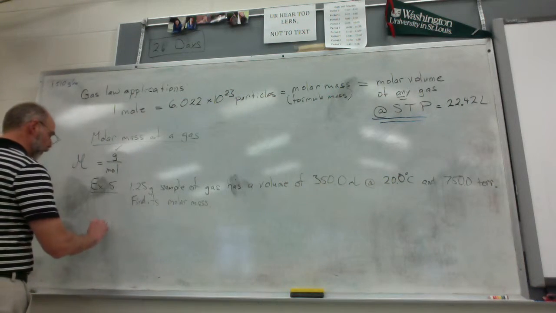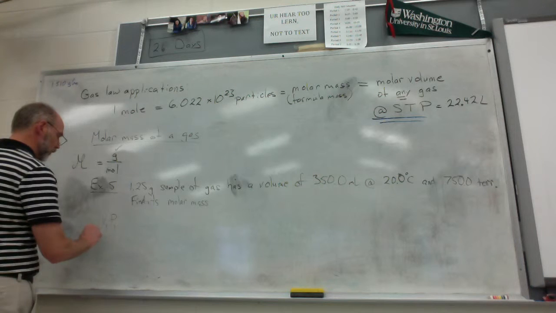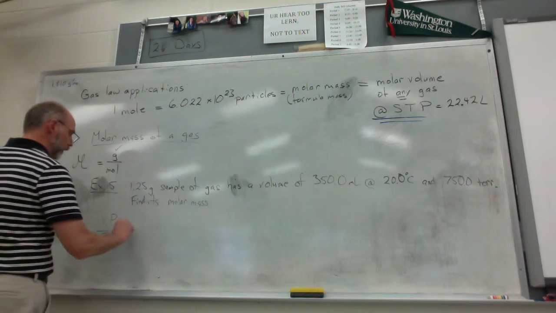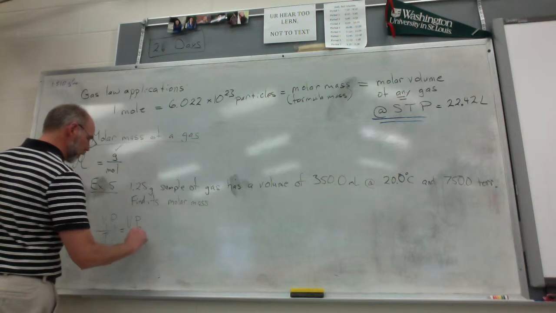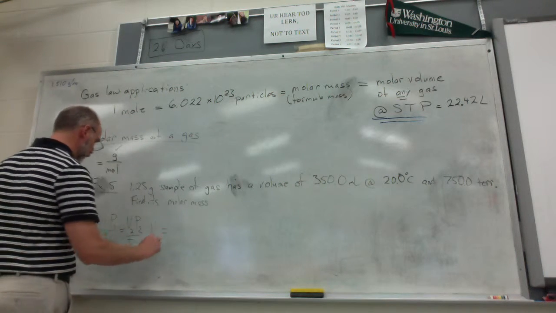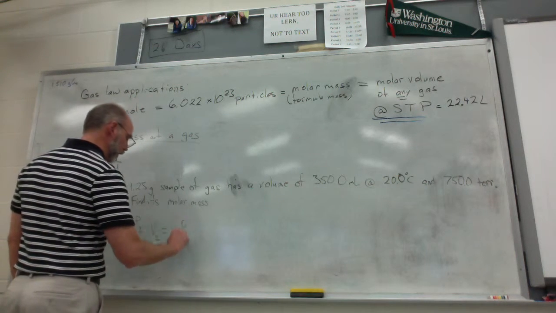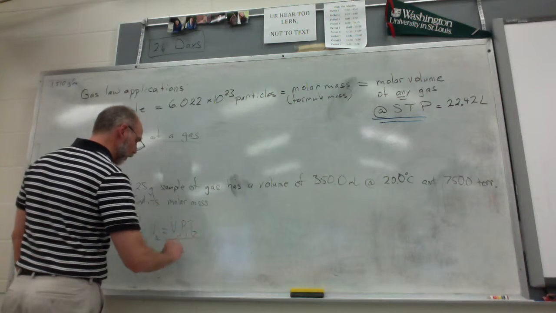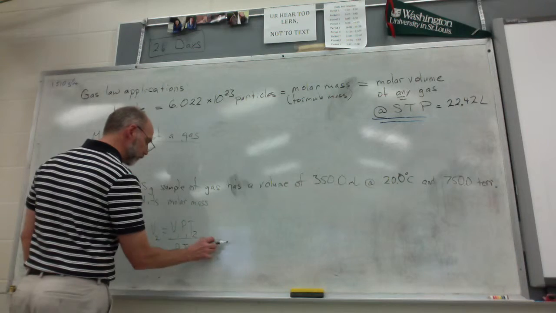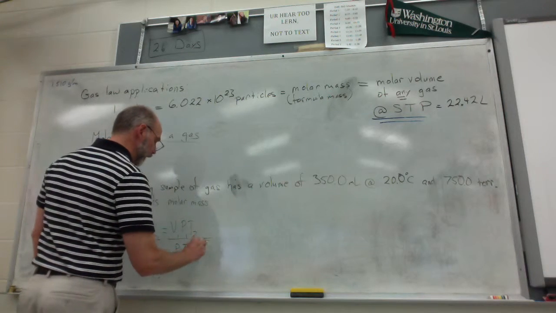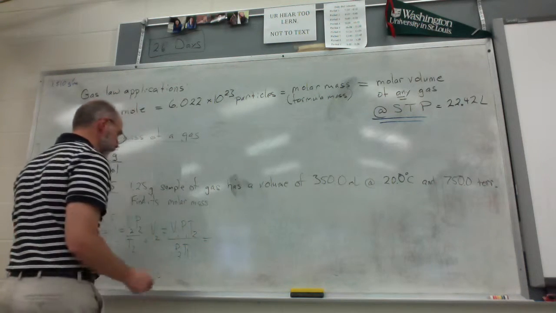So we go V1, P1, T1 equals V2, P2, T2. V2 equals V1, P1, T2 over P2 times T1. And we just plug and chug at that point.